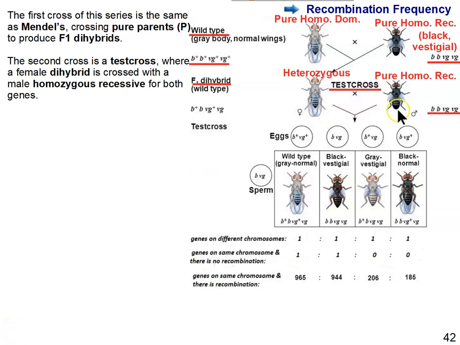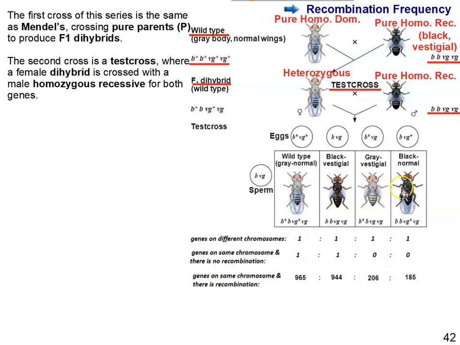So when we carry out this cross, we can predict using a Punnett square, and that's what this is. This is a Punnett square that predicts the possible combinations of gametes in this cross. And because this is a test cross, even though these are two genes that we're looking at, there are really only 4 possible combinations because the male here is homozygous recessive for both genes. So we don't need a 16 square Punnett square.